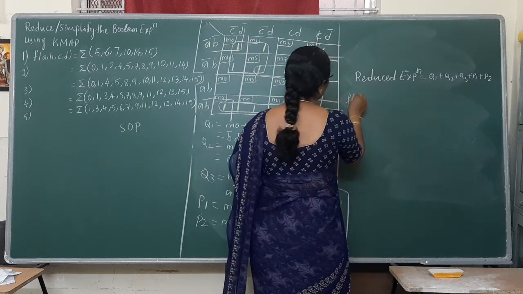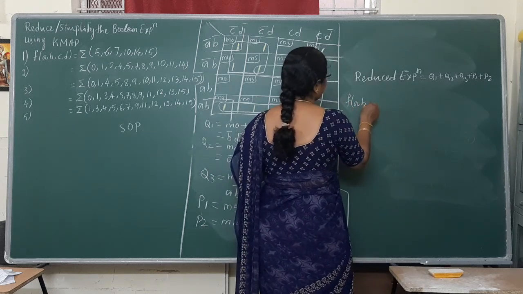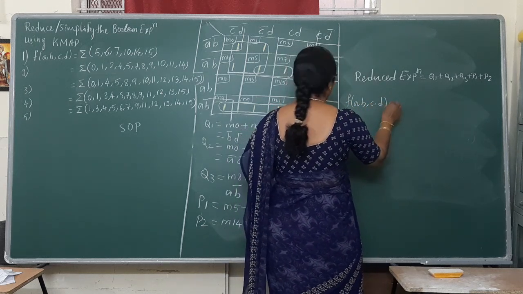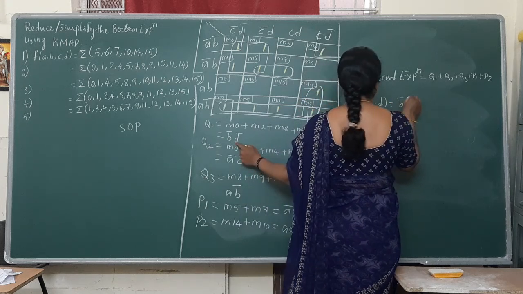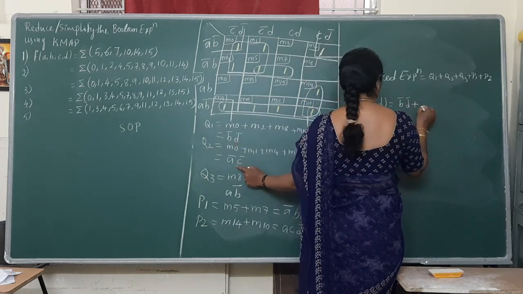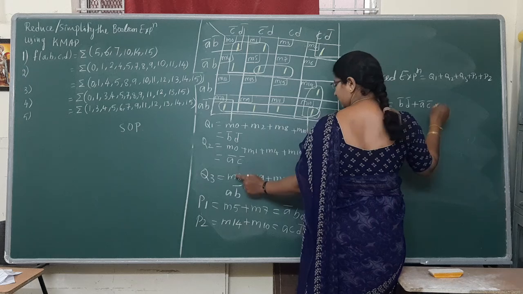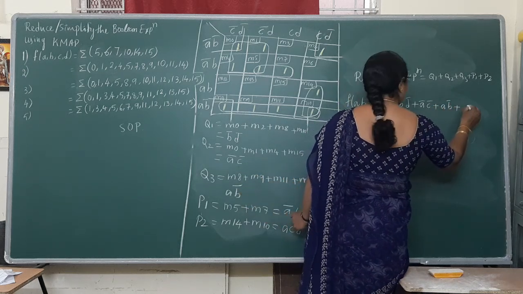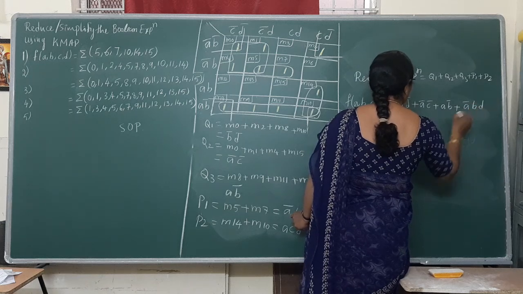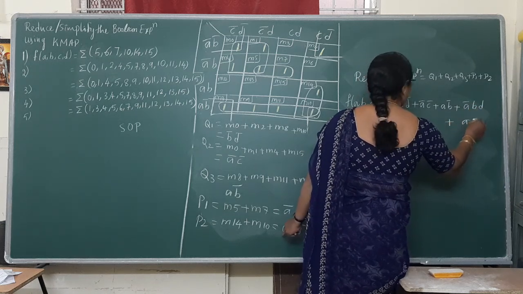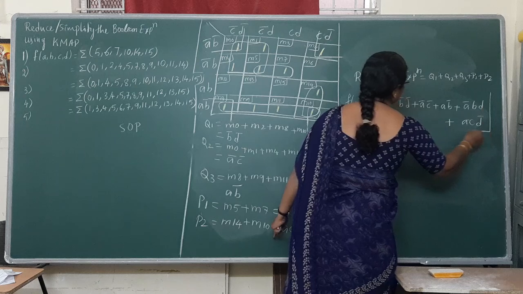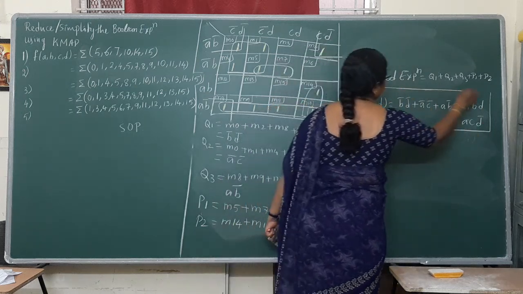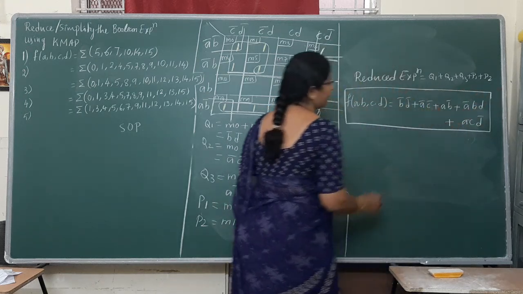All together you need to write it in the SOP form. What did you get? B complement D complement, A complement C complement, A B complement plus A complement B D plus A C D complement. This is your expression. Please, plus is important.